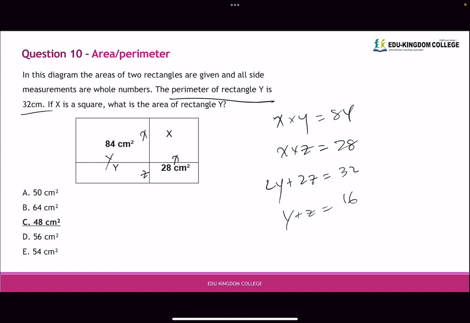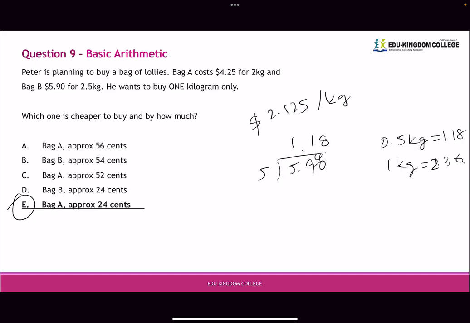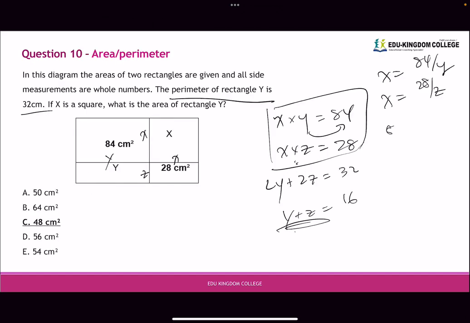Now, I want to find two equations in just y and z, because this one's in y and z as well. So here, I'm going to try and cancel the x's out. So x equals 84 over y if I move the y over to this side, because it's a times. When you move it over, it becomes a divide. And in this equation, x equals 28 over z. So 84 over y equals 28 over z.